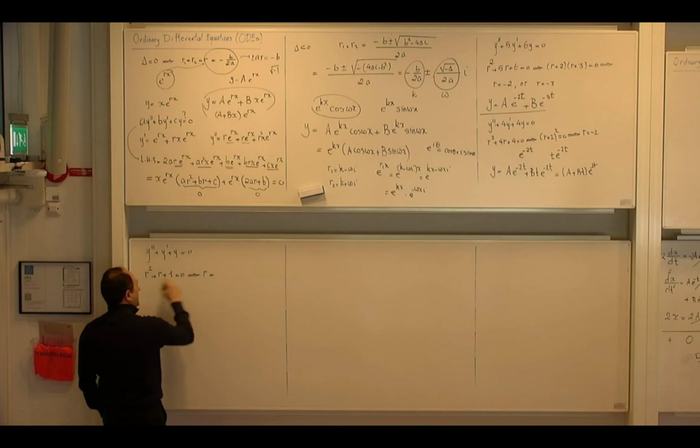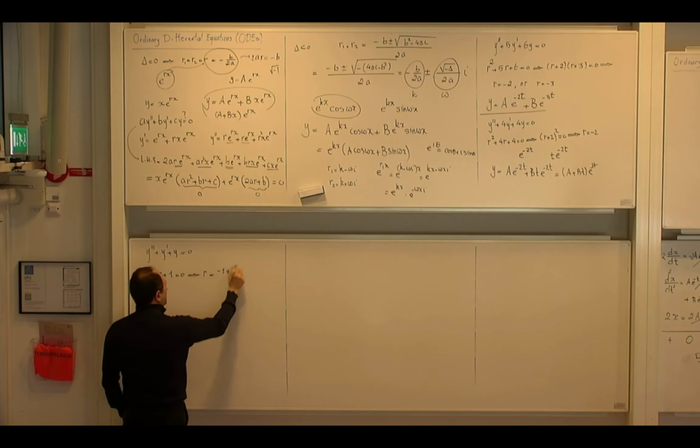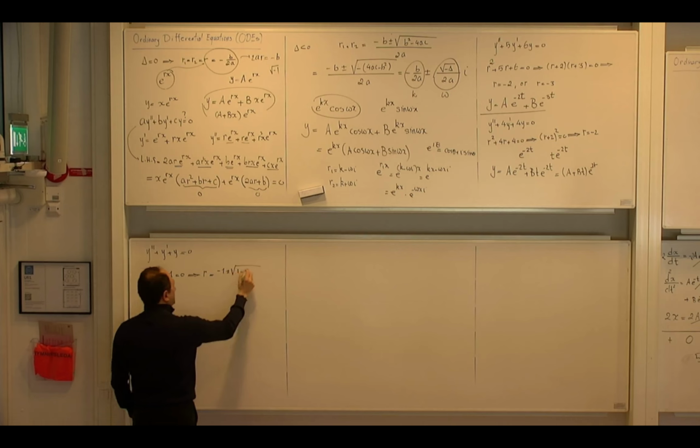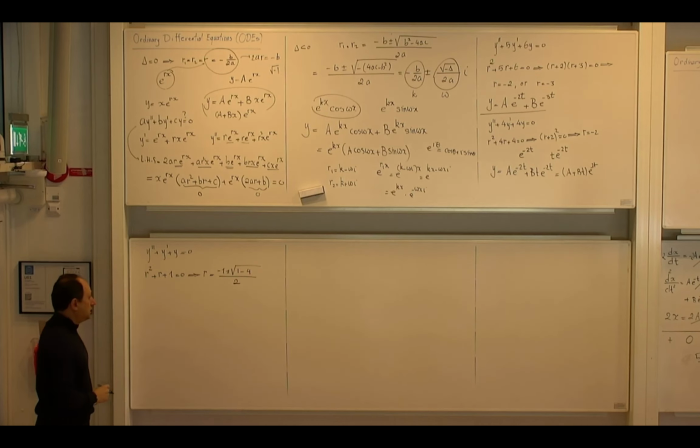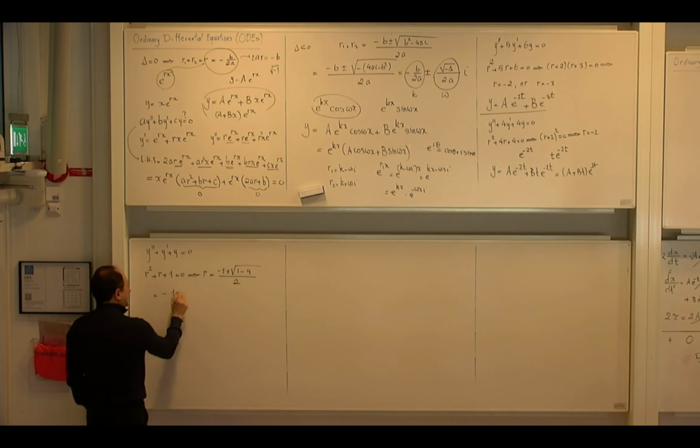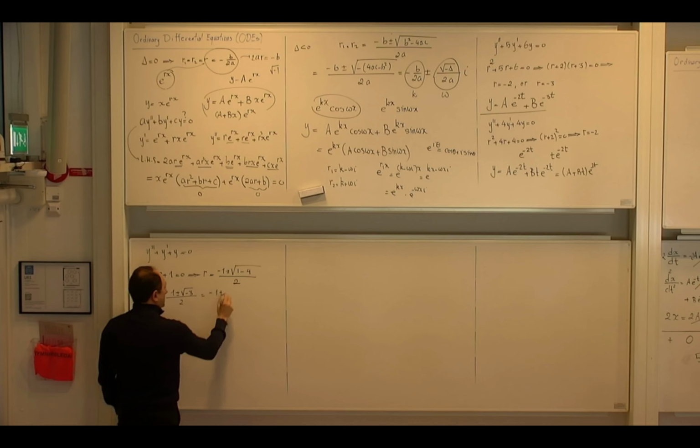So it is minus b plus or minus the square root of b squared minus 4ac, divided by 2a. So this becomes minus 1 plus or minus the square root of minus 3, divided by 2. But the square root of minus 3 can be written as what? I square root of 3, divided by 2.